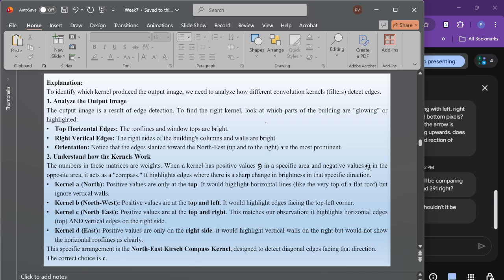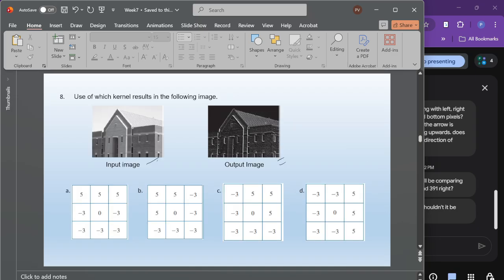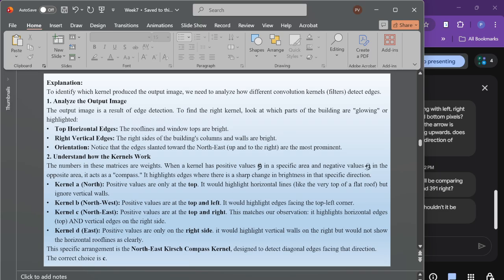In kernel B, in the northwest direction, the positive values are at the top and left, so it will highlight the edges facing the top left corner.